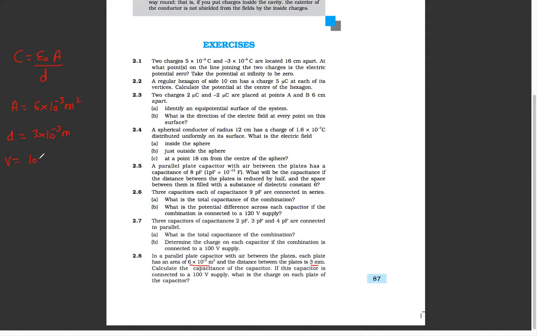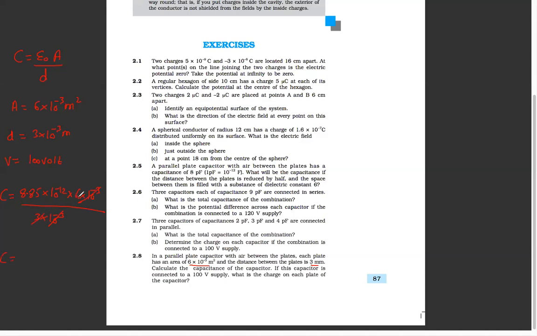Voltage is 100. If I substitute the values, D is 3 into 10 raised to the power minus 3, so it gets cancelled out.